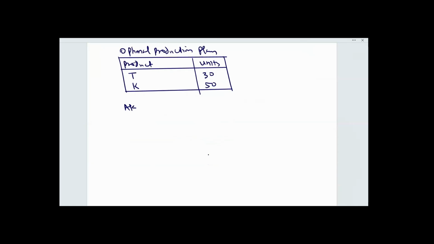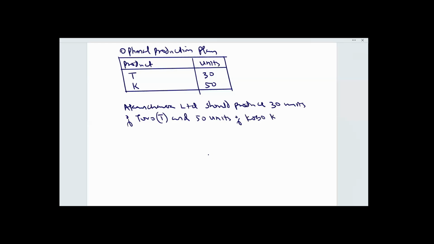That's ICAN Chawa Limited should produce 30 units of Toro and 50 units of Kobo to maximize weekly contribution of 8,750.